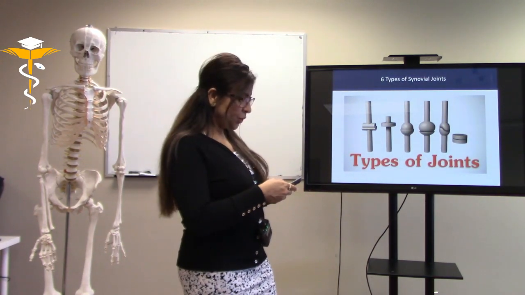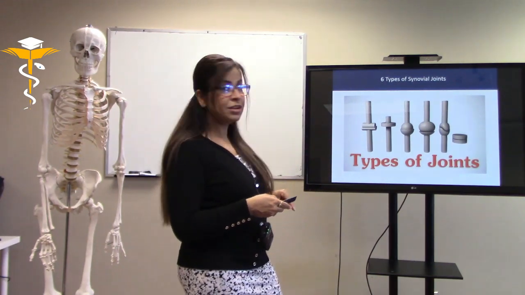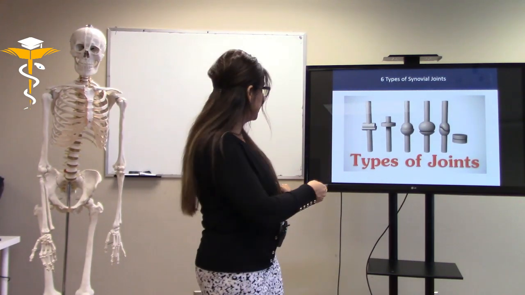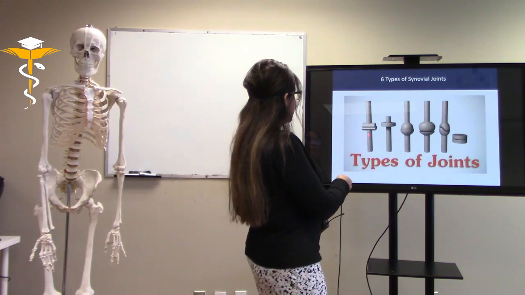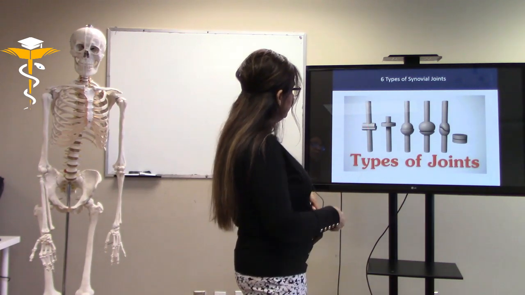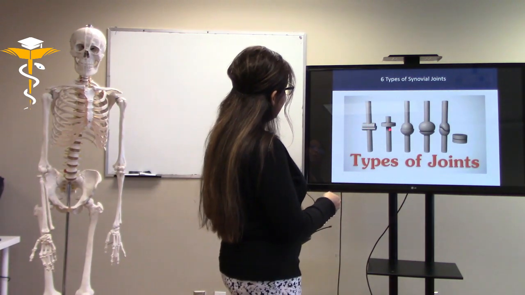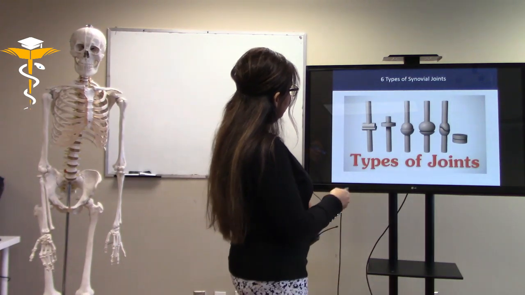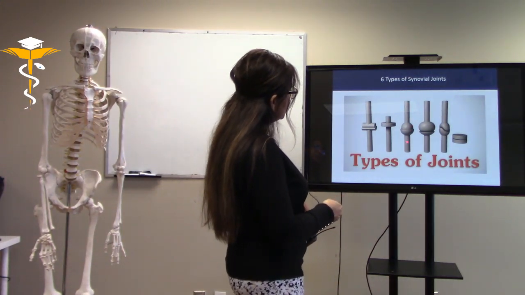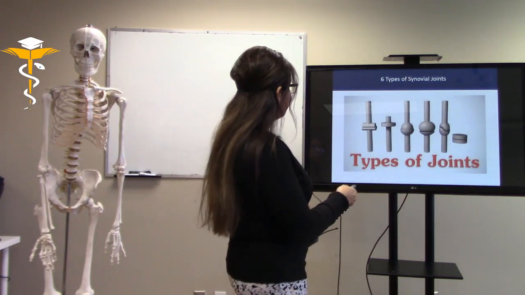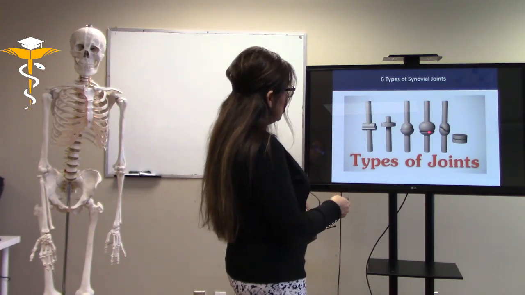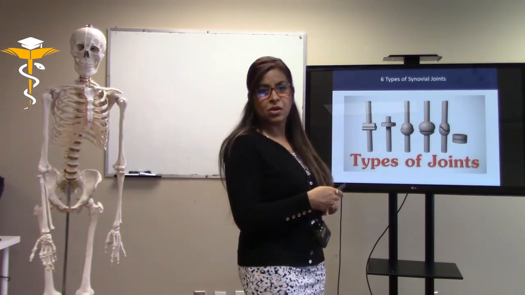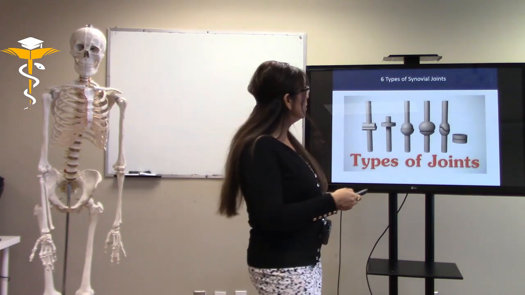So the types of the joints, I have not named them here, but I can tell you the names. This is our hinge joint. This is our pivot. This is the ball and socket joint. This is the condyloid joint. I've also seen this called the ellipsoid joint.